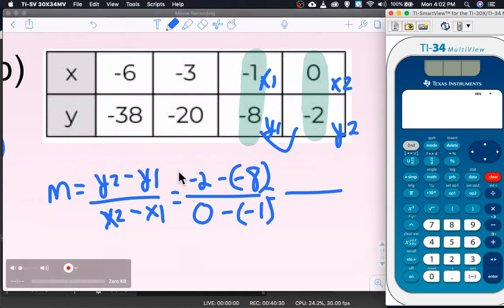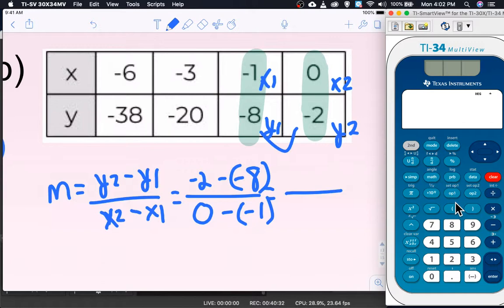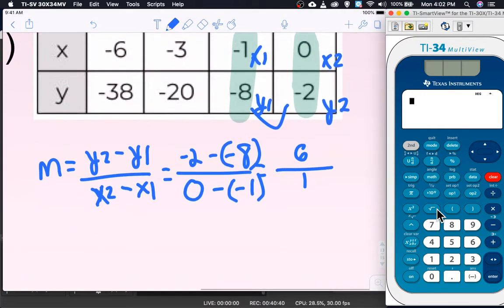Doing the math, -2 minus -8 is a +6, and 0 minus -1 is a +1, which gives us a slope of 6 over 1. I mean, technically just 6, but understanding that it is over 1.